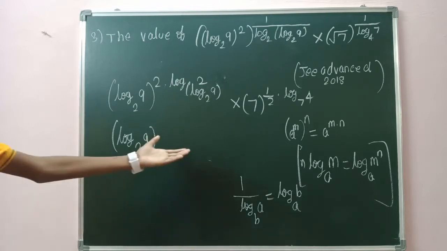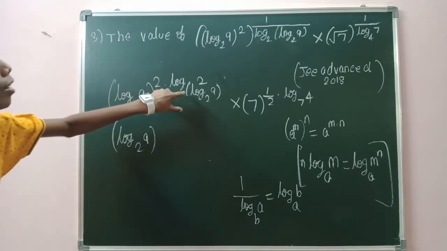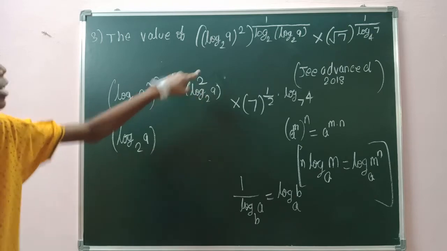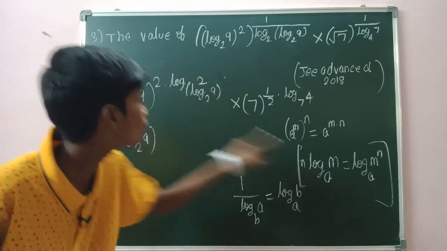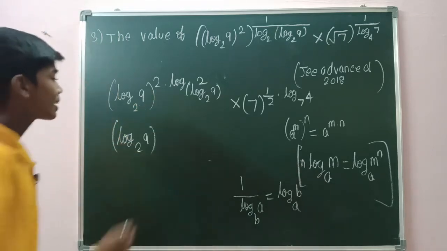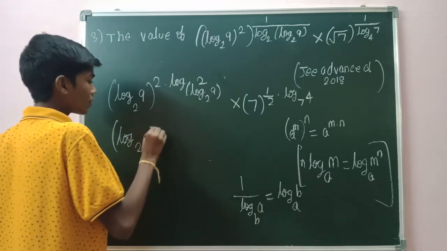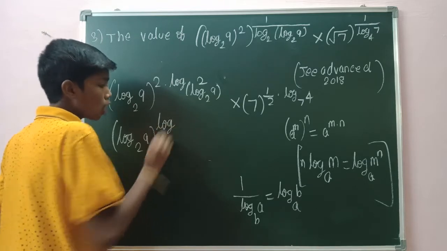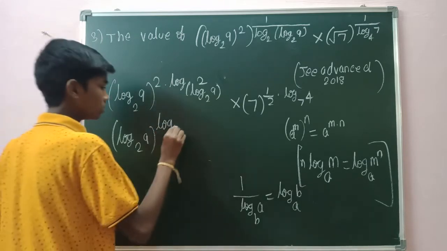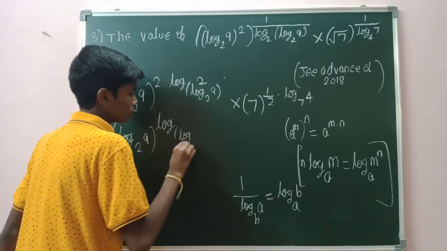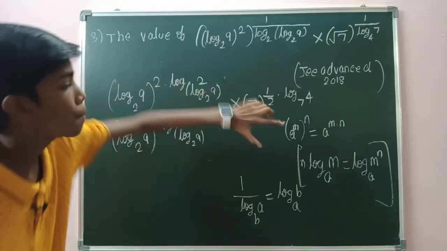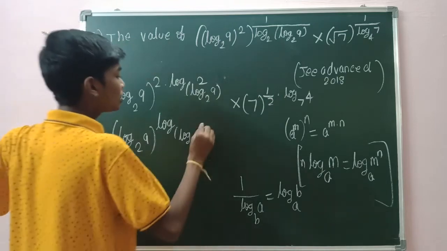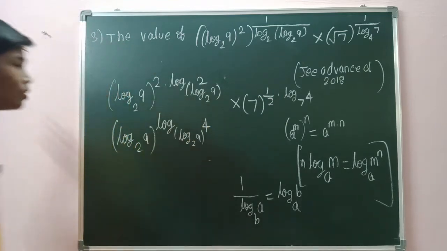So 2 into log to the base 2 of 9 of 2 can be written as, here your n is 2. Seeing these two properties, n is 2, therefore I can write this as log to the base 2 of 9 whole power log to the base 2 of 9 of, when I take this to this side, I will get m power n. m power n will be 2 power 2. 2 power 2 is 4.